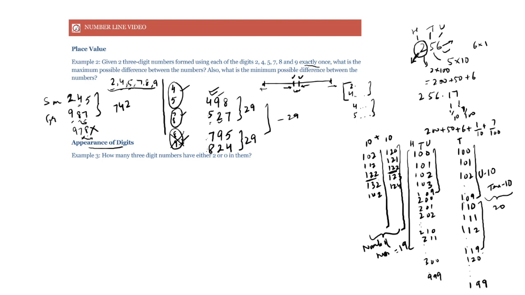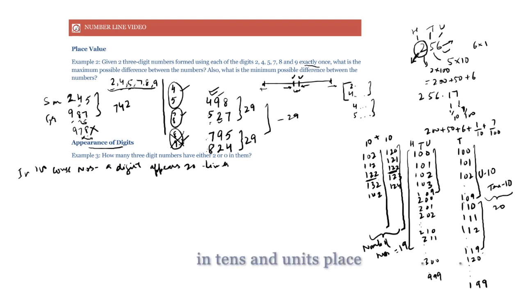So remember, what does help us in questions is to remember that in 100 consecutive numbers, a digit appears 20 times in 19 numbers.